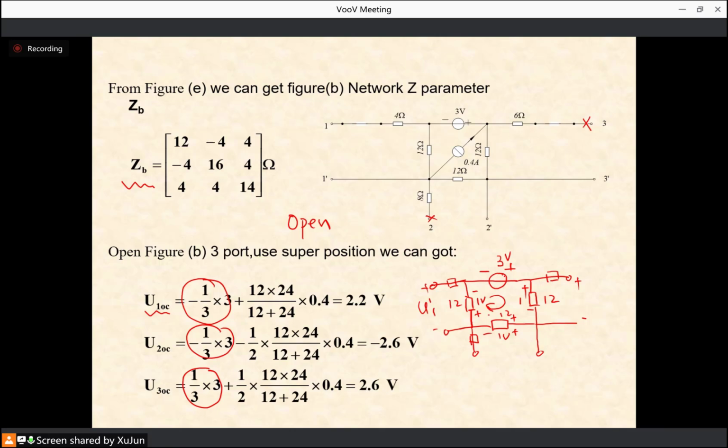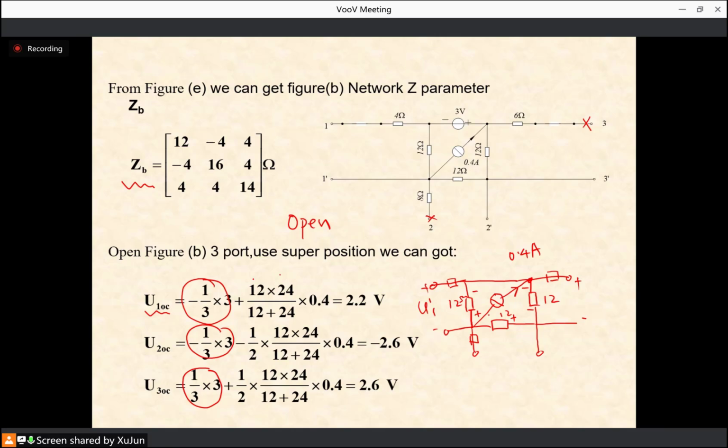So assume the voltage source works alone at first, and then assume the current source works alone. The voltage source is 0, which means short connected, and the current source remains. This is 0.4 ampere. So there will be 12 ohm and this 24 ohm in parallel.